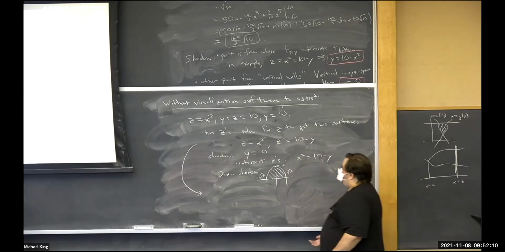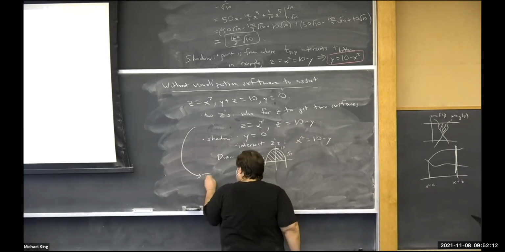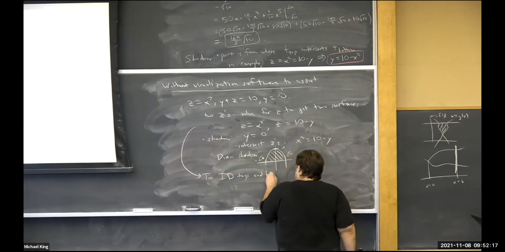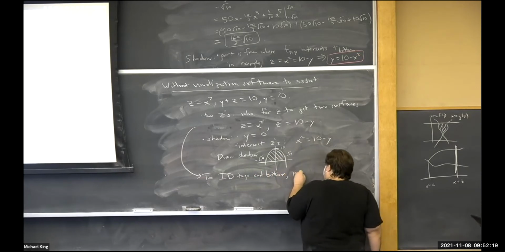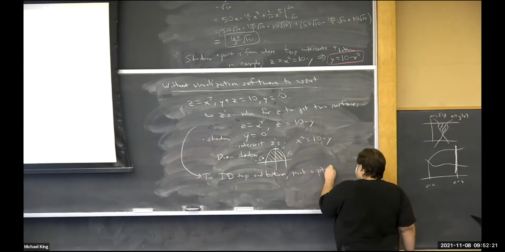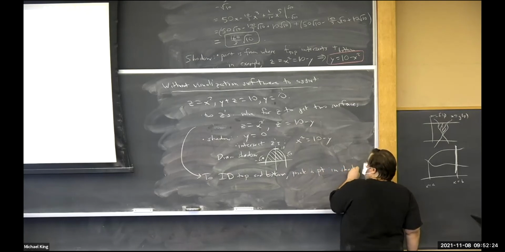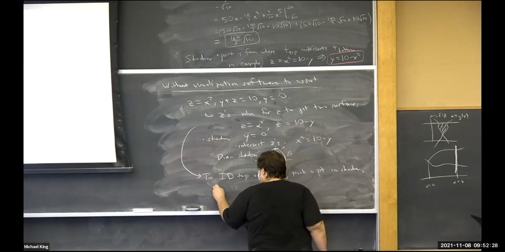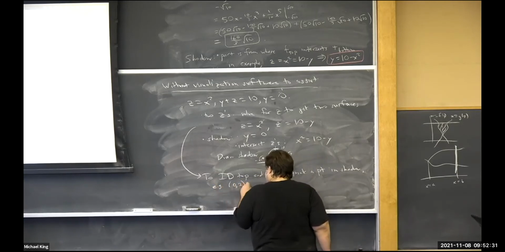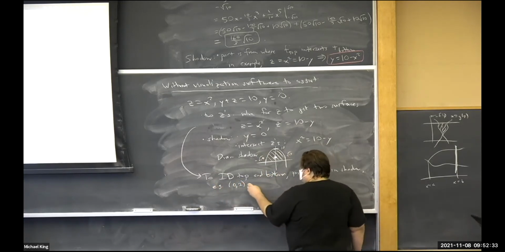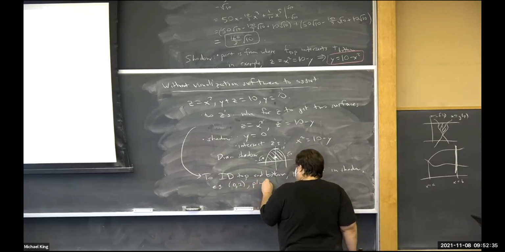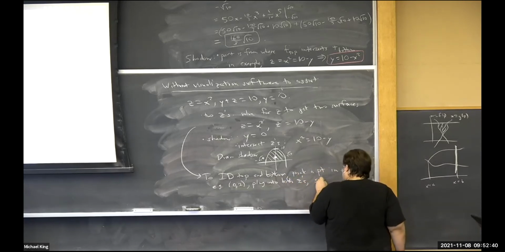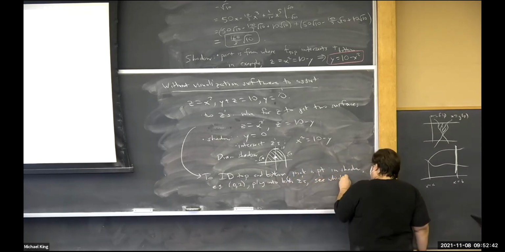So to identify the top and bottom, pick a point in the shadow, let's just say (0,2), plug into both Z's, and see which is larger. That will be the top surface.